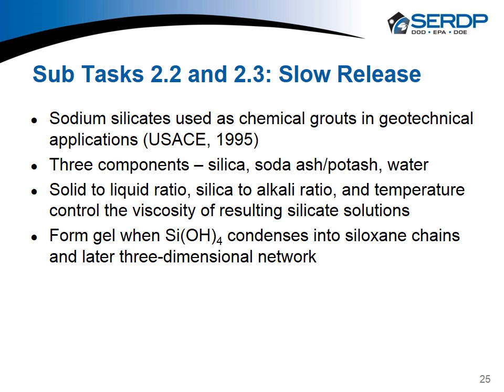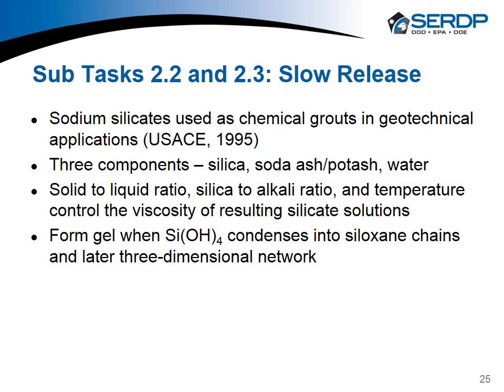And what we're going to talk about next is the use of sodium silicate grouts, and these things, we didn't discover them. These have often been used in geotechnical applications and so on. They typically are constructed of 3 adjustable components: silica, soda ash or potash, and water. And they have many adjustable parameters in terms of the way you actually create the solution.